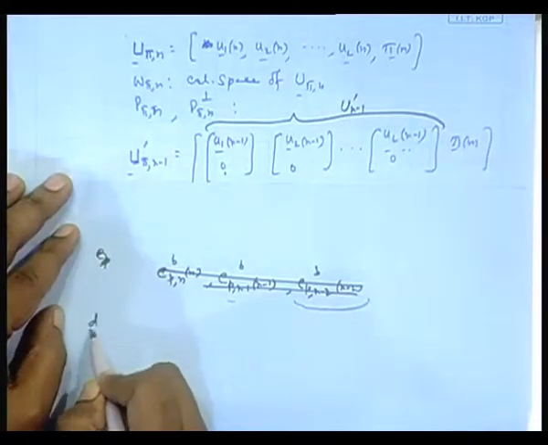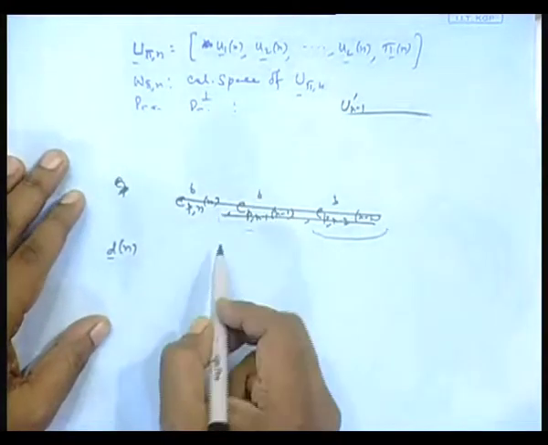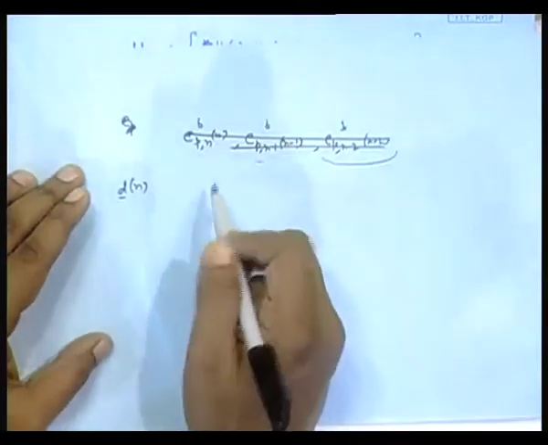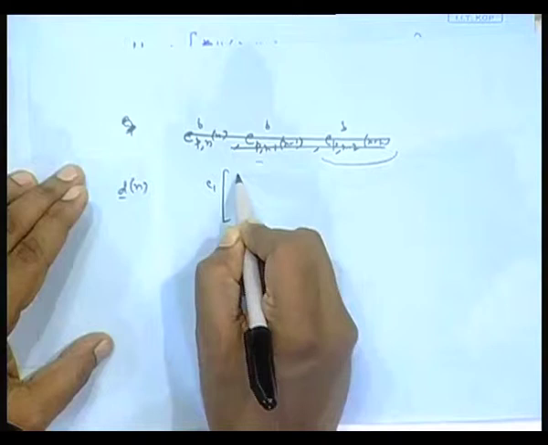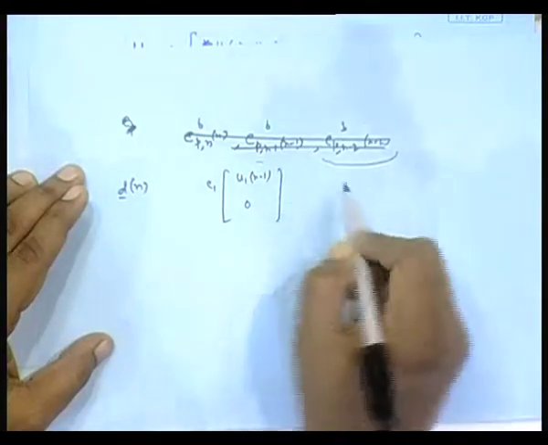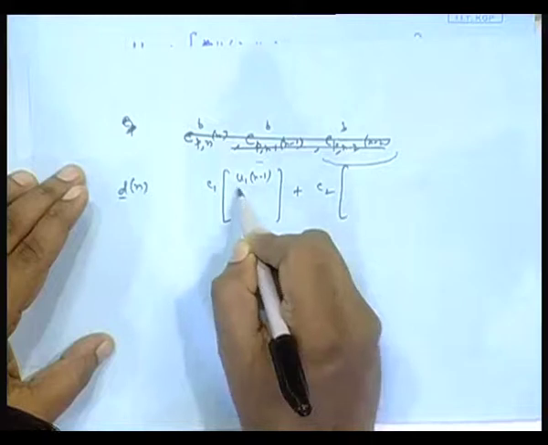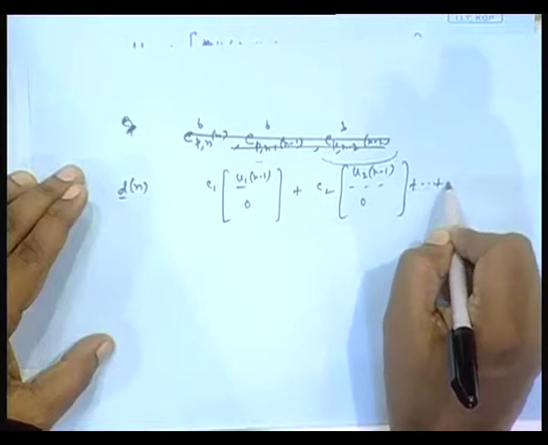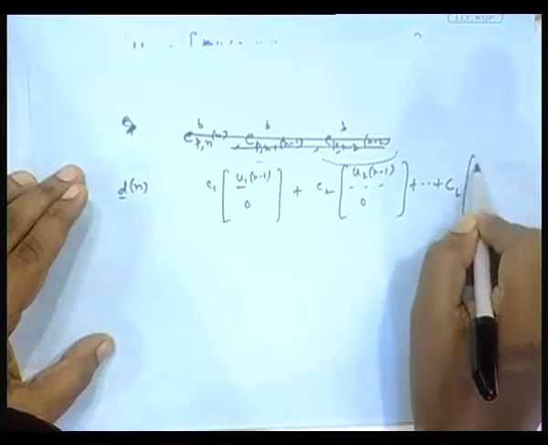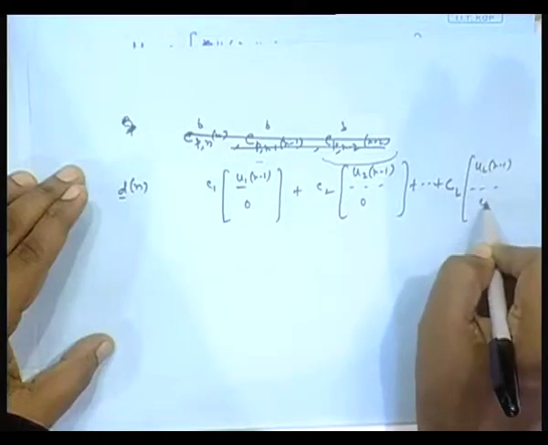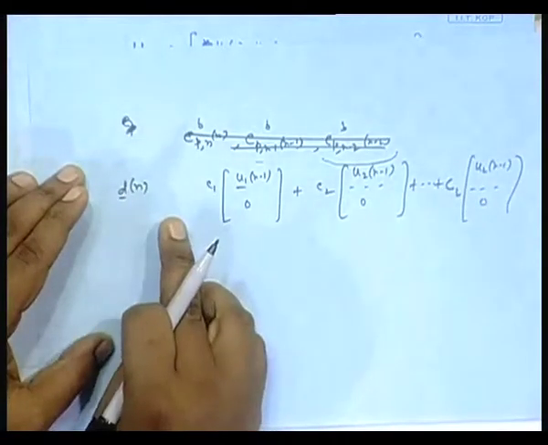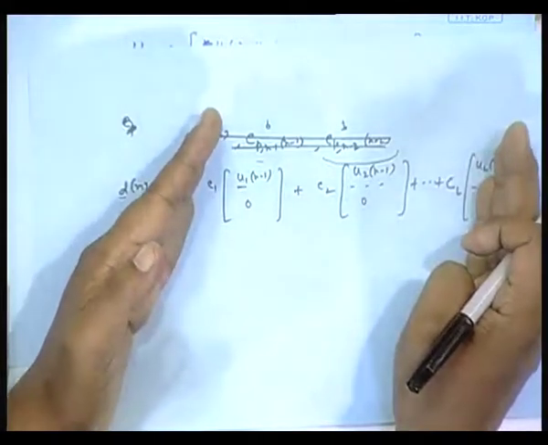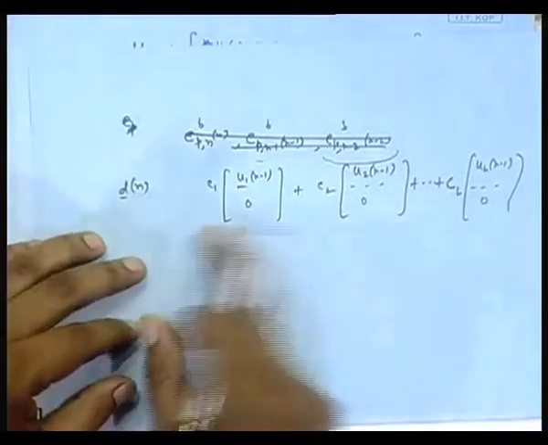On one hand you have got the dn fellow, and on the other hand you have got these columns: C1 into U1 n minus 1 0, plus say C2 into U2 n minus 1 0, plus dot dot dot, plus say CL into UL n minus 1 0, isn't it? And dn, you take the error dn minus this combined thing, and the norm square of that error vector is to be minimized with respect to C1 to CL. That is what we do. Once you obtain that optimal set, combine them, this is your projection, subtract, this is the error. That is a simple thing.